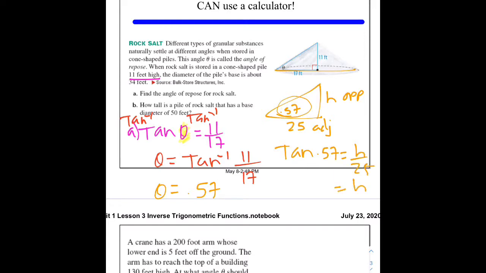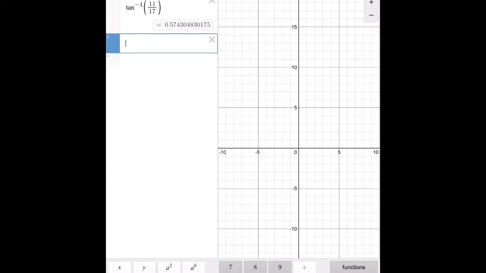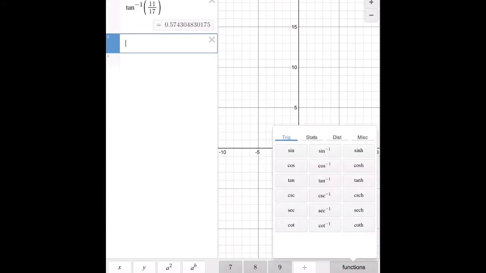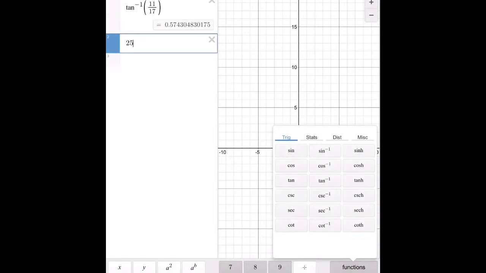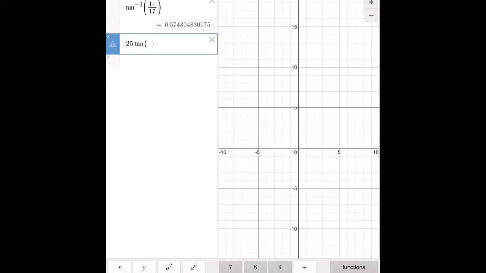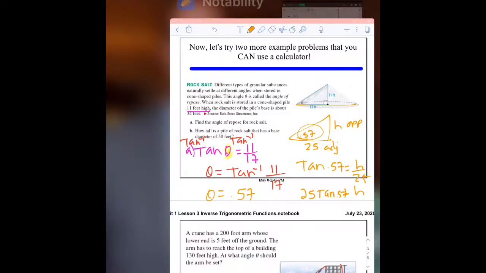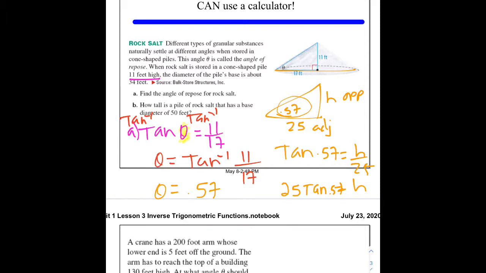We're going to simply use our calculator and type in 25 tangent of 0.57. And we get that the height of that conical pile would be approximately 16, and that would be 16 feet.